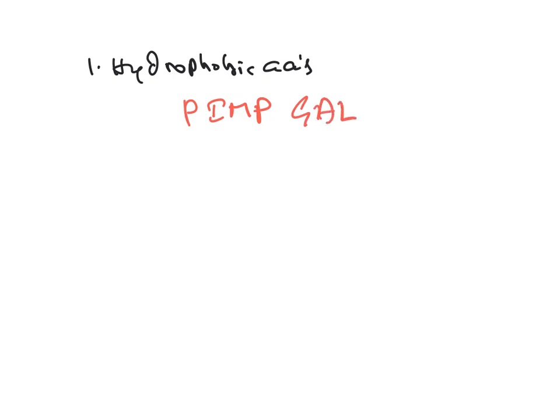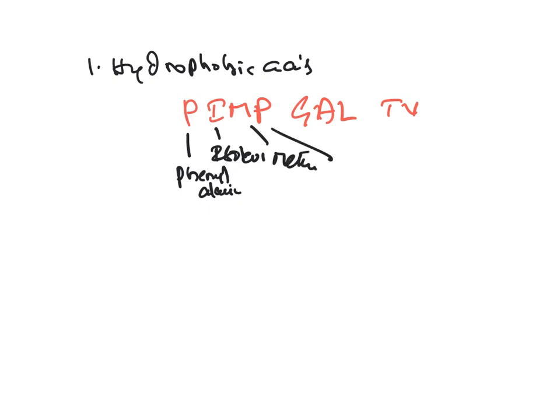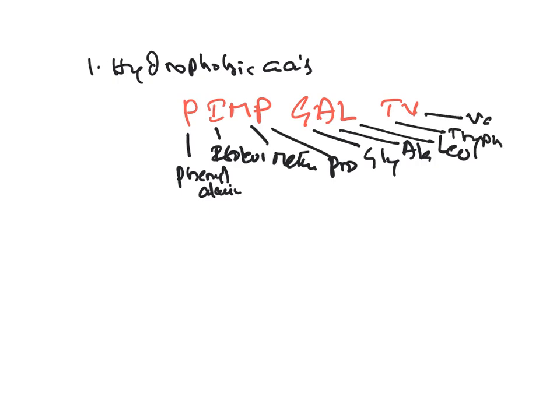So P is for phenylalanine, I is for isoleucine, M for methionine, another P for proline, G for glycine, A for alanine, L for leucine, T for tryptophan, and V for valine.